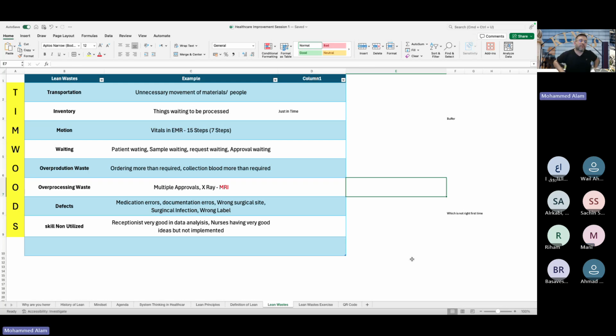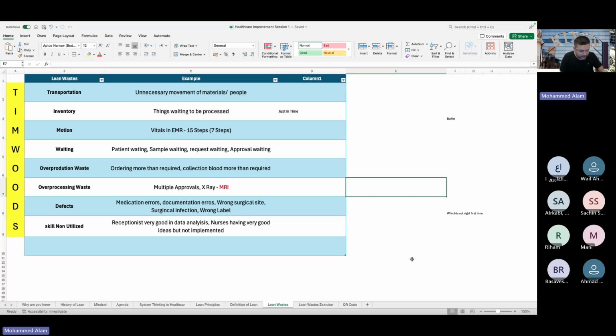Okay. When I give an example of that, something that could have been figured out through X-ray, but why do we have to do MRI? The intention is not to create levels. It's not that you have to do X-ray, then ultrasound, then MRI, and then CT scan. That's not the intention.